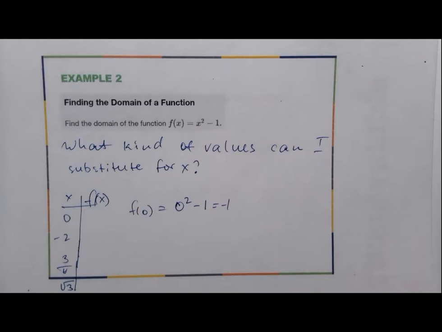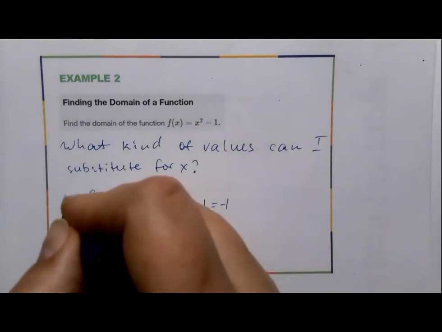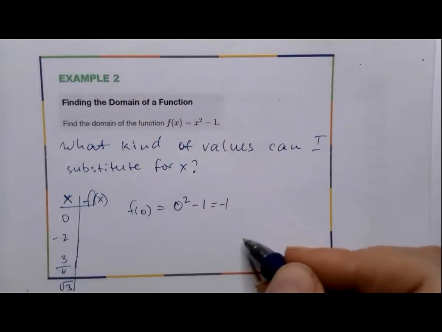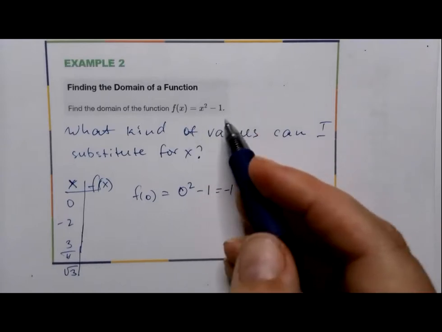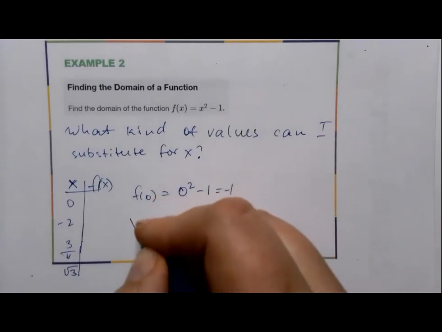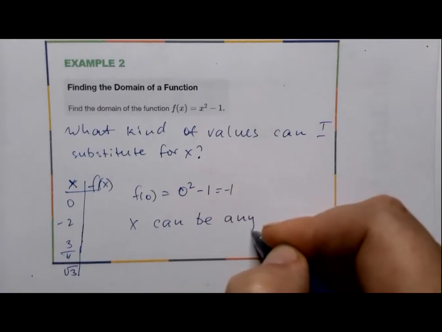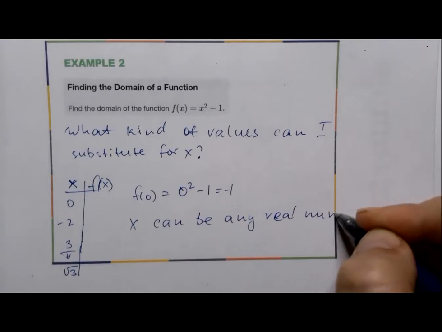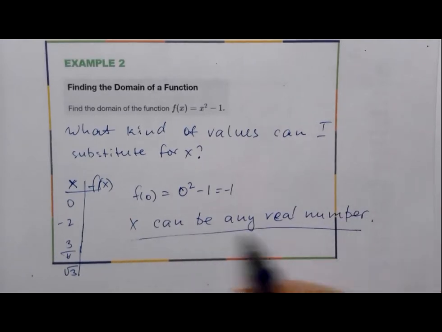And if your answer is yes, I can put in any x values and it's going to work in my equation, I'm going to actually find the corresponding y value, then your answer here for the domain is x can be any real number.